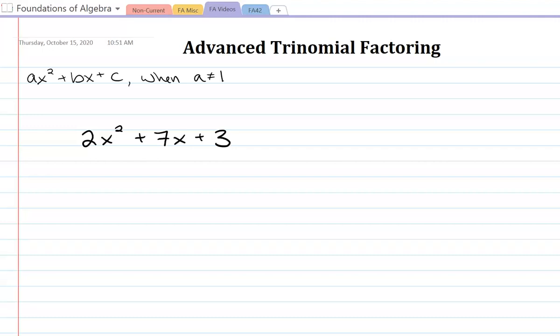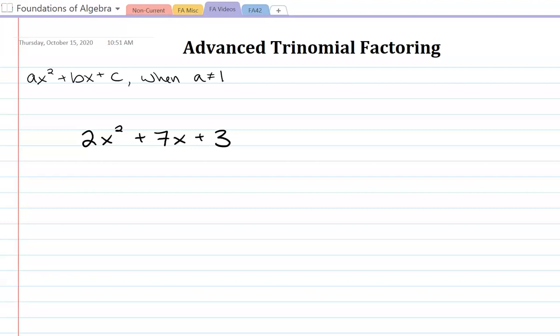In this video, we're going to talk about advanced trinomial factoring, such that when we have ax squared plus bx plus c, a is not 1. Last time we were talking about when a was 1, but this time a is not going to be 1.